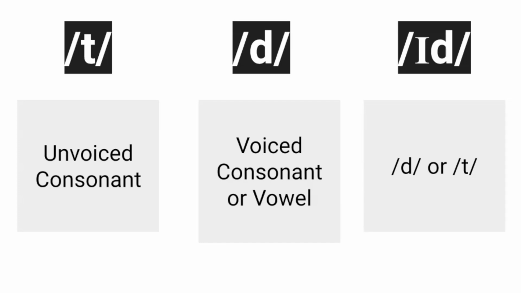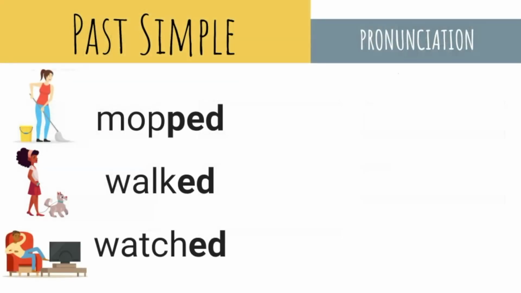Let's take a look at a few examples. Mopped. We already saw this earlier. Let's take a closer look at the sound that comes right before the ending ed. Mop, p. Walk, k.